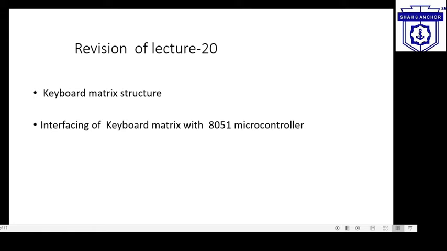The rows and the columns of the keyboard matrix are connected with the ports of 8051. We are using two ports to connect the bits of those ports to the keyboard matrix rows and columns. Then we learned how to interface this keyboard matrix with the 8051 microcontroller.